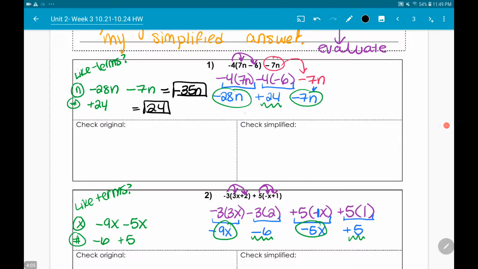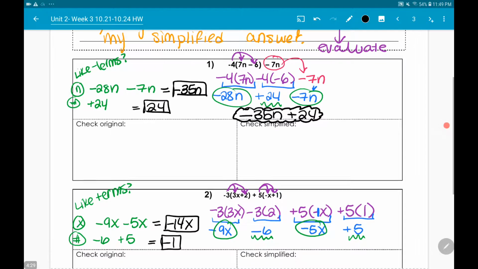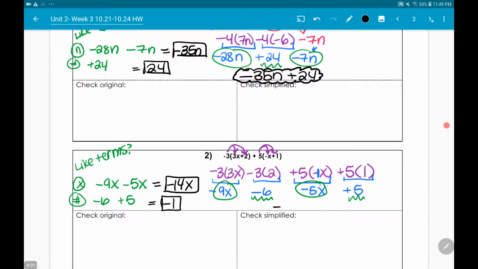That means my simplified answer is negative 35n plus 24. Down here, I do the same. I get negative 14x and negative 1. So that means my simplified answer here is negative 14x minus 1.